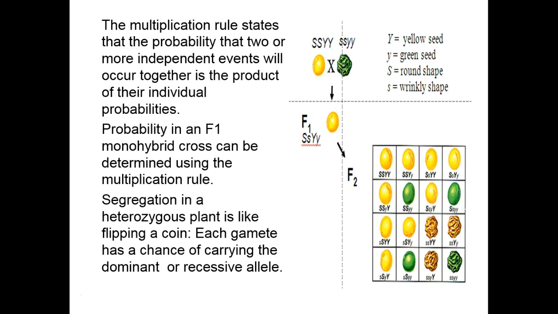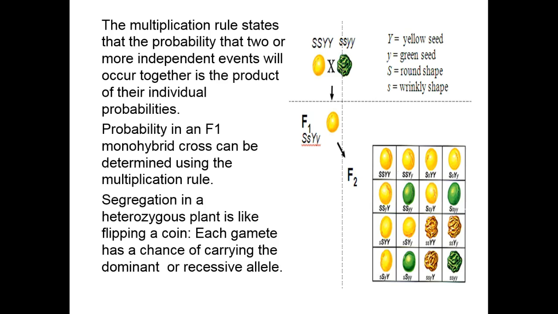So the multiplication rule, a concept that Mendel worked with, says that independent events occurring together have a probability that is the product of their individual probabilities.